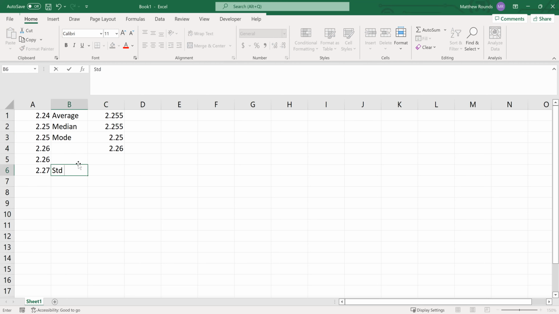Okay, standard deviation. So it's a standard deviation of the sample. And that's where I assume your teacher wants the sample here. Let me go back and look at the problem. Okay. That's right here. So there's your standard deviation.